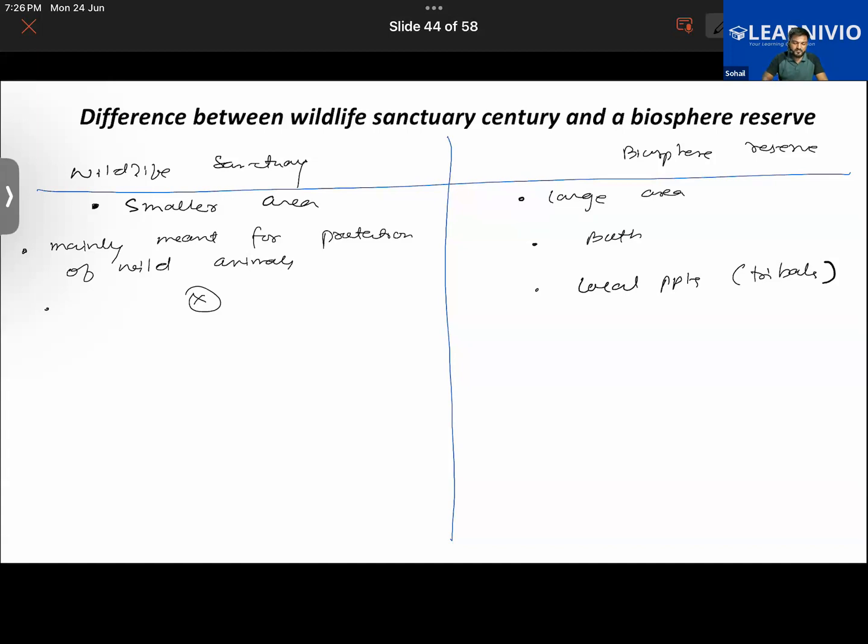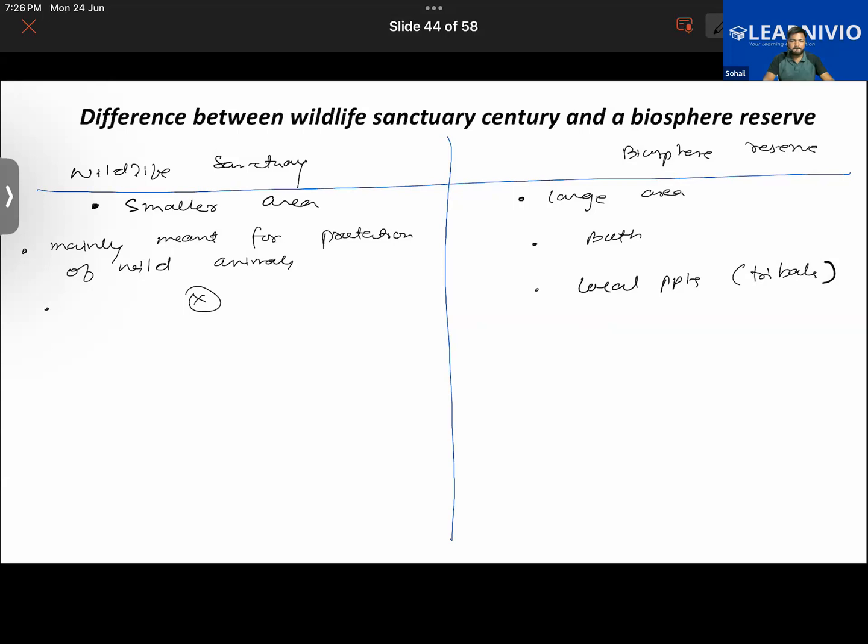Furthermore, what kind of activities would be allowed in a biosphere reserve? And will any activity be allowed in a wildlife sanctuary? Tell me. One by one. Shakarika, you continue, then Alif, Khadija, Gauri, others will also answer.